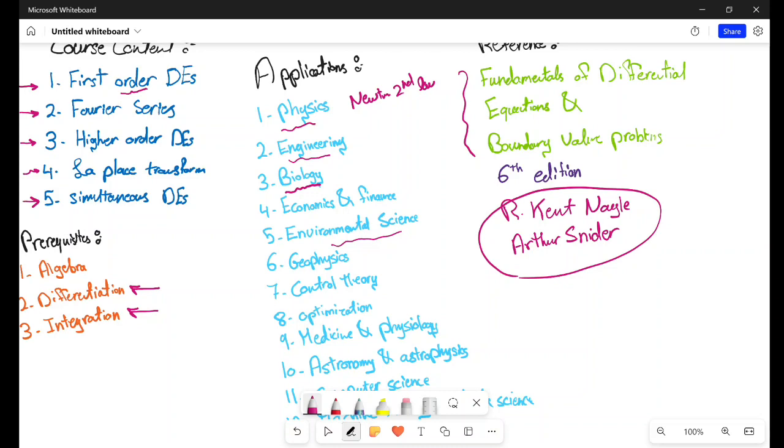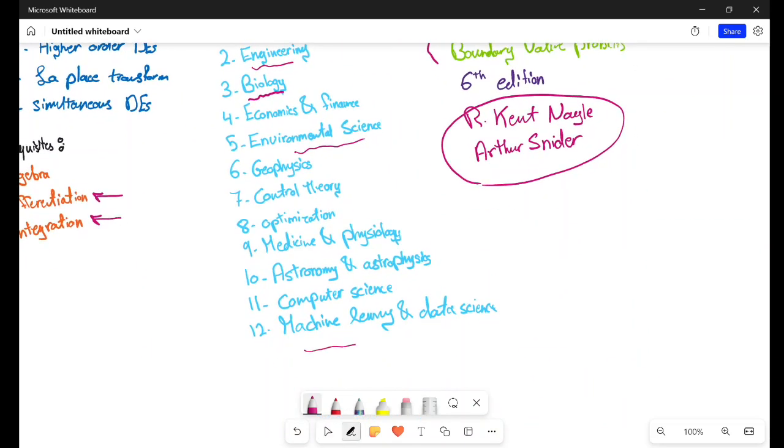Also, it is used in machine learning and data science, which is quite trendy nowadays. It is used in certain types of modeling and prediction tasks. Machine learning and data science are now a relatively large trend, and you can use differential equations to make predictions using them.